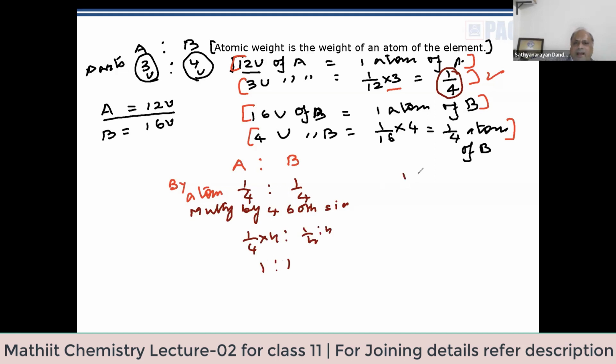That means 1 atom of A combines with 1 atom of B. So the compound formula will be A1B1, which is nothing but AB.